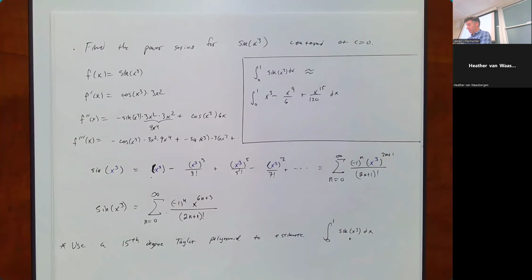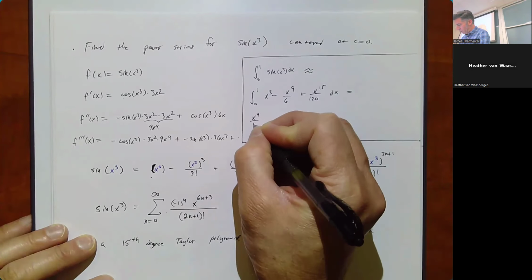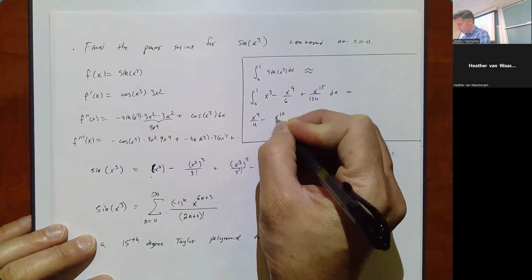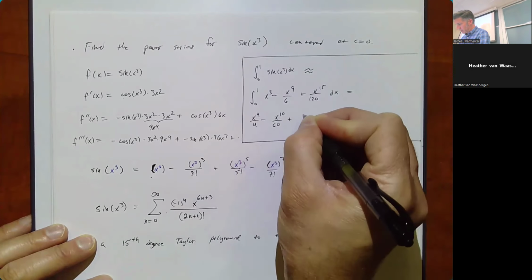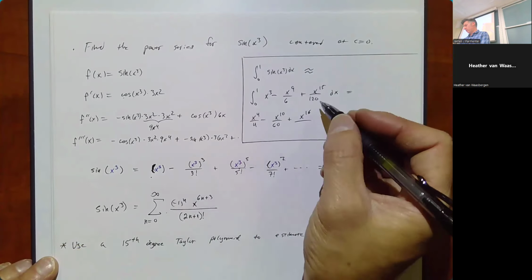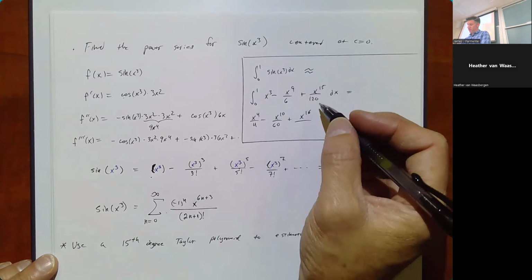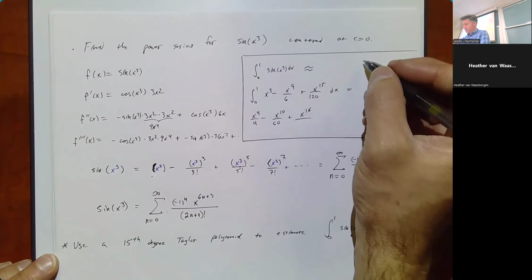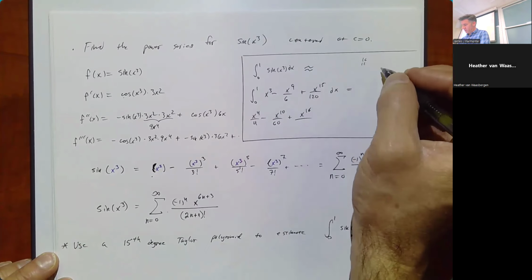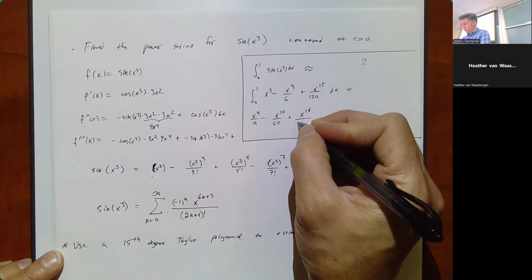And then we could anti-differentiate, which is super easy because they're all just power rule antiderivatives. So we get x to the 4th over 4 minus x to the 10th over 60 plus x to the 16th over 16 times 120, which is 1,920.